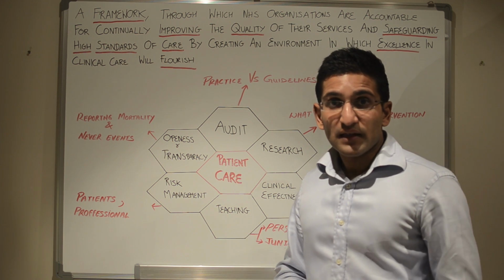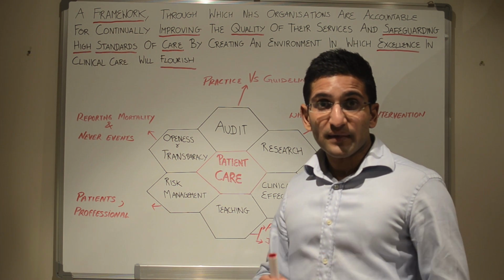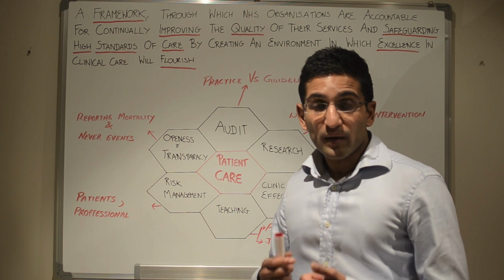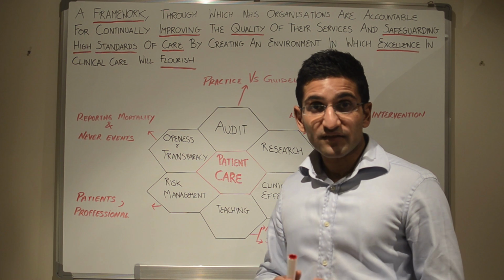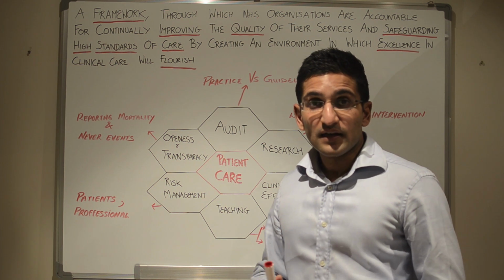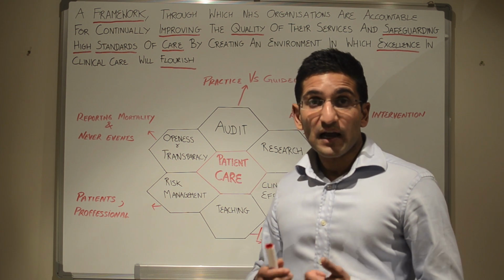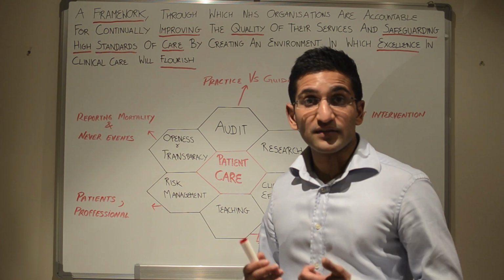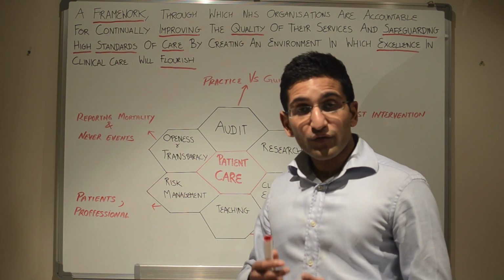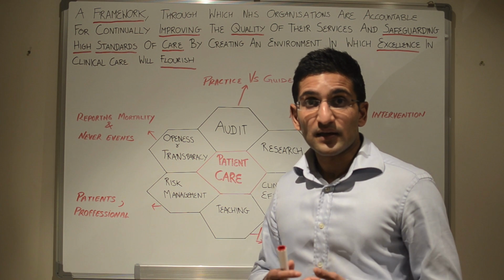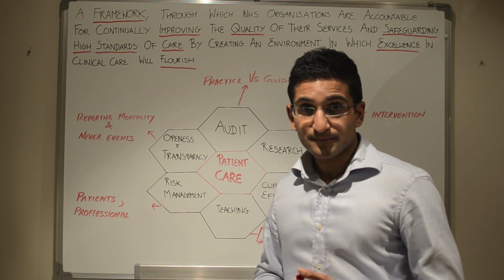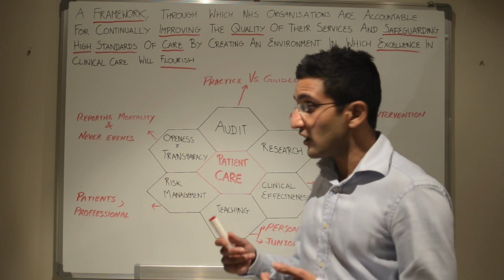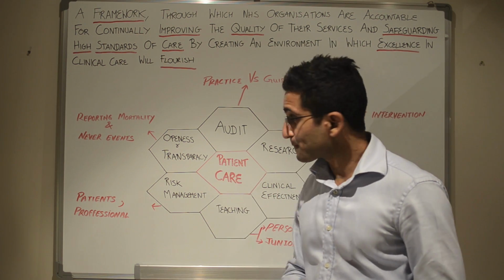So for example, NICE might recommend a guideline whereby all patients should receive VTE assessments within 72 hours of admission. And we might then perform an audit to see how many of our patients actually do receive these VTE assessments before trying to figure out ways on how we can improve the rate at which patients are being assessed and therefore improve the standard of our patient care.